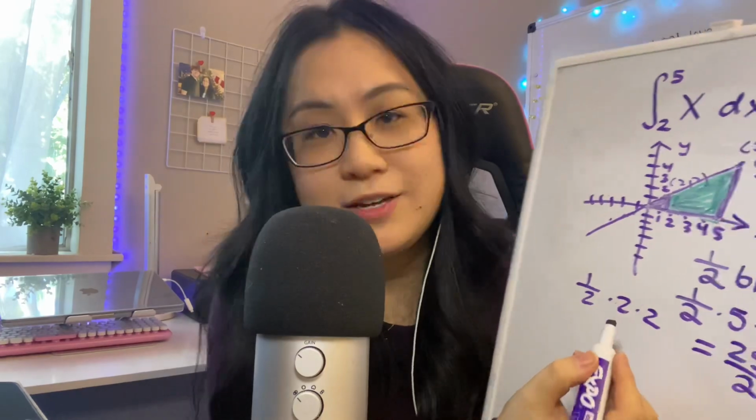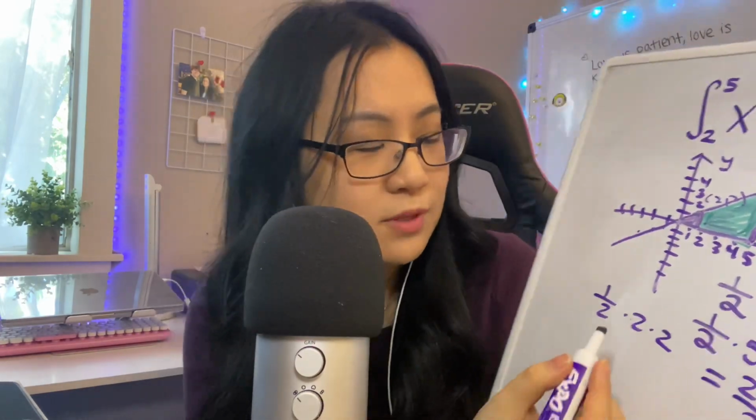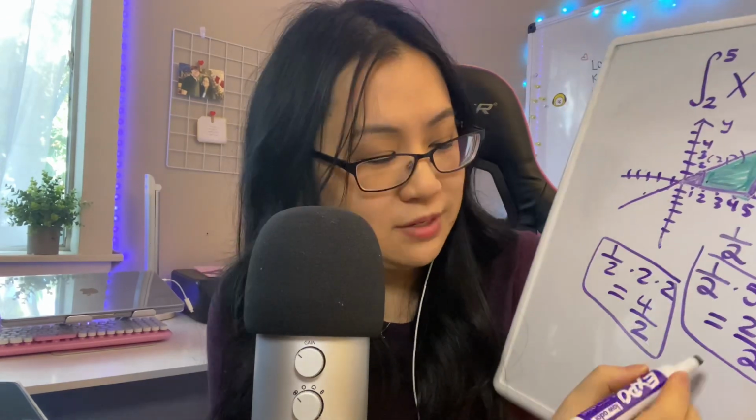So if I'm going 2 to the right for x, then I'm going 2 up for y. So I have half times 2 times 2, which gives me the 4 over 2. And then I have to take the difference. So 25 over 2 minus 4 over 2, which is the same as the x squared over 2, but it still gives me 21 over 2.